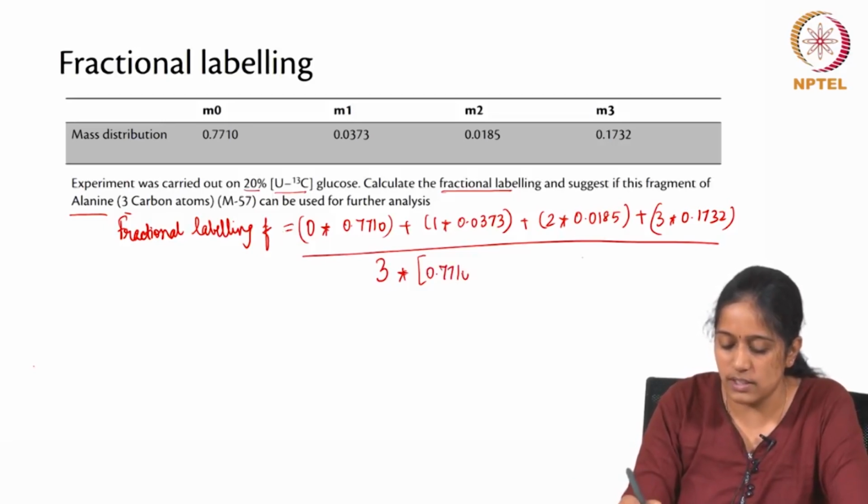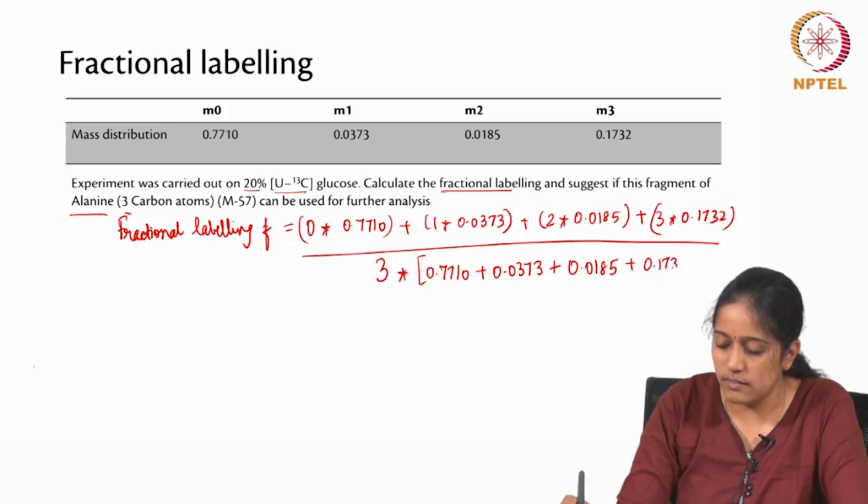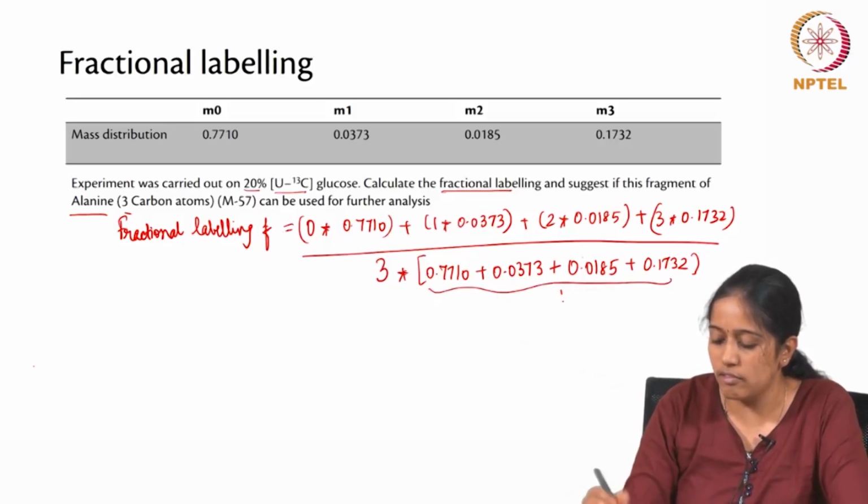So, that is 0.7710 plus 0.0373 plus 0.0185 plus 0.1732, and the sum in the denominator is going to be 1.